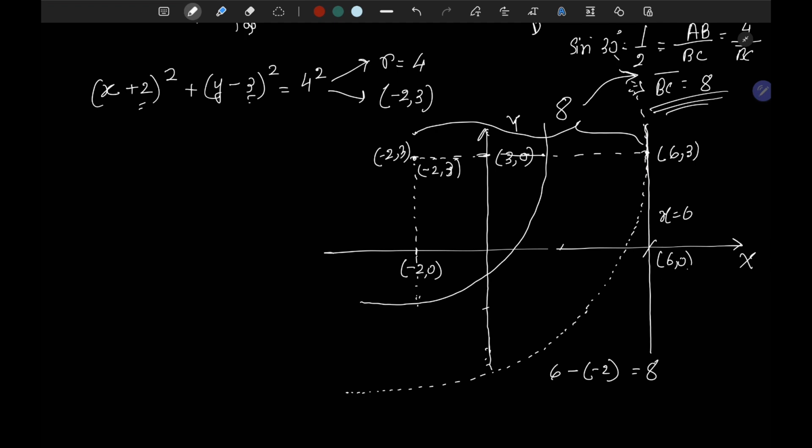So your this line x equal to 6 is basically a tangent to your circle given by L, or the locus given by L. So what is this point? The question has asked only this, what is the point, and the answer to your question is 6 comma 3. The locus L touches x equal to 6 line at 6 comma 3.